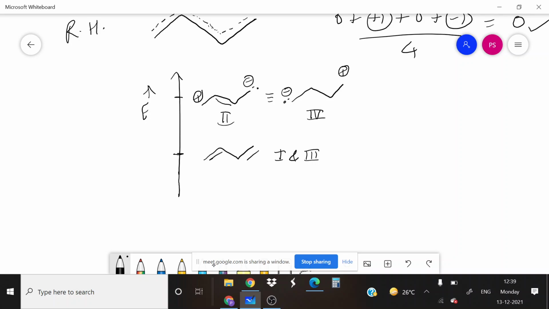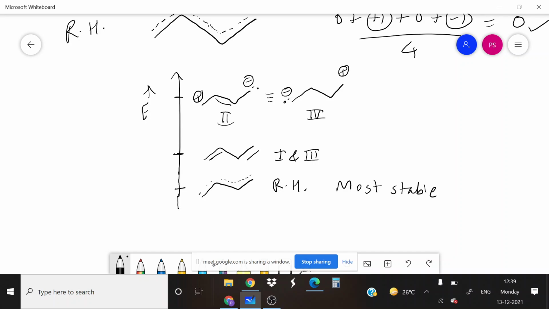Charged species are less stable than uncharged species, and this is the energy of the resonance hybrid molecule. Now you can see the energy of the resonance hybrid is the lowest one, that is, it is the most stable structure.